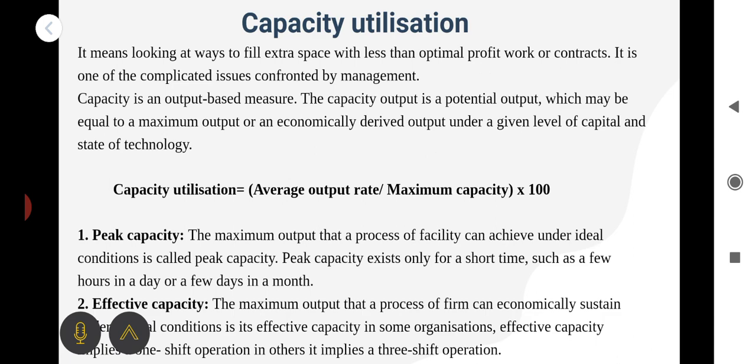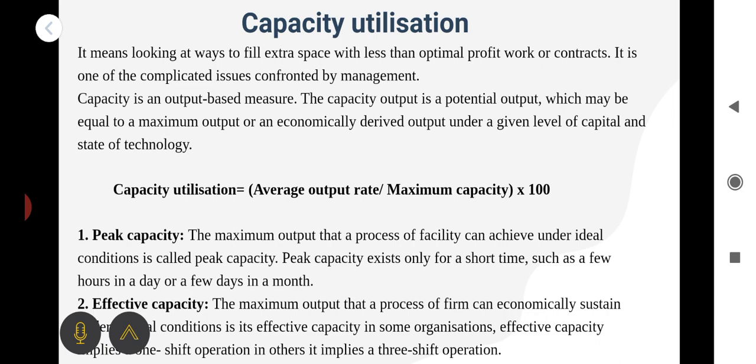You know, peak capacity and effective capacity. Peak capacity means the highest maximum output that a process or facility can achieve under ideal conditions. We are all saying peak capacity. Peak capacity exists only for a short period: a few days, a few hours, a few months, etc. The same situation we can see in an individual: the flourishing stage or peak capacity, flowering like that.